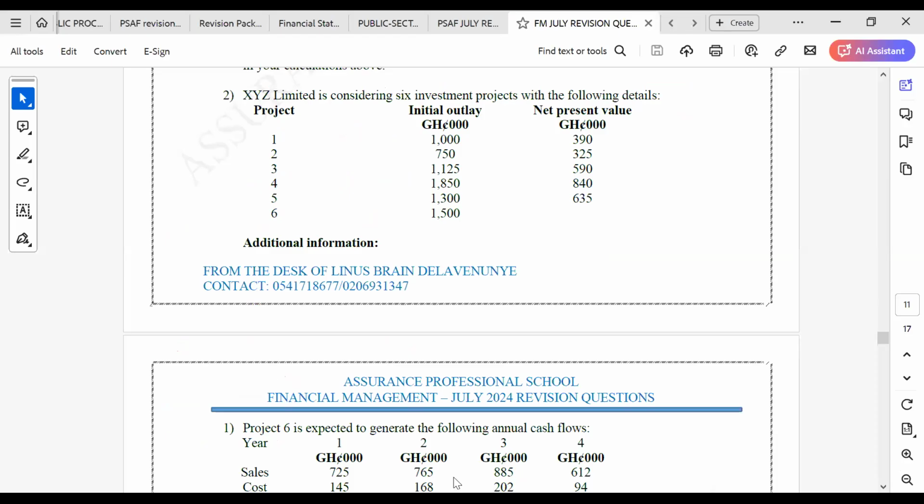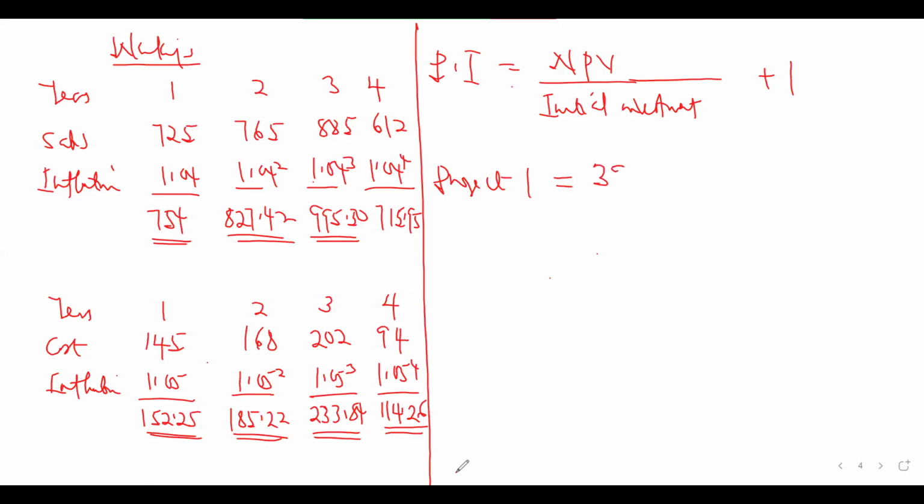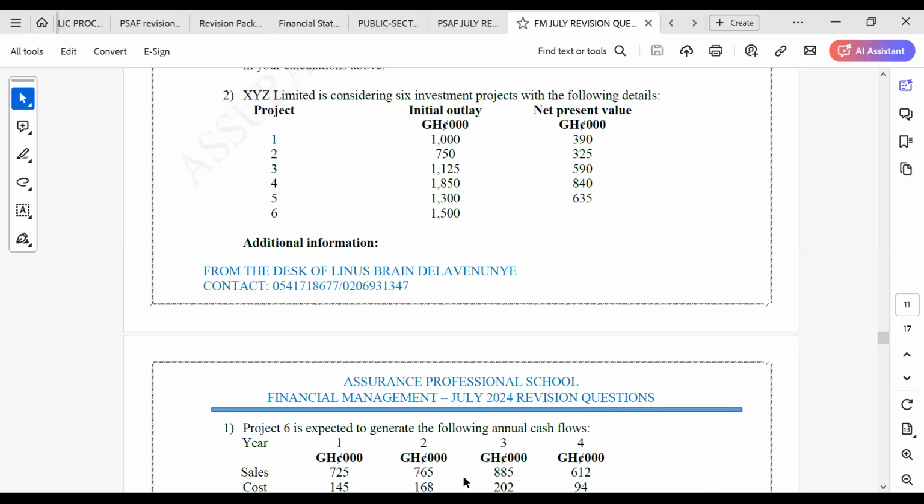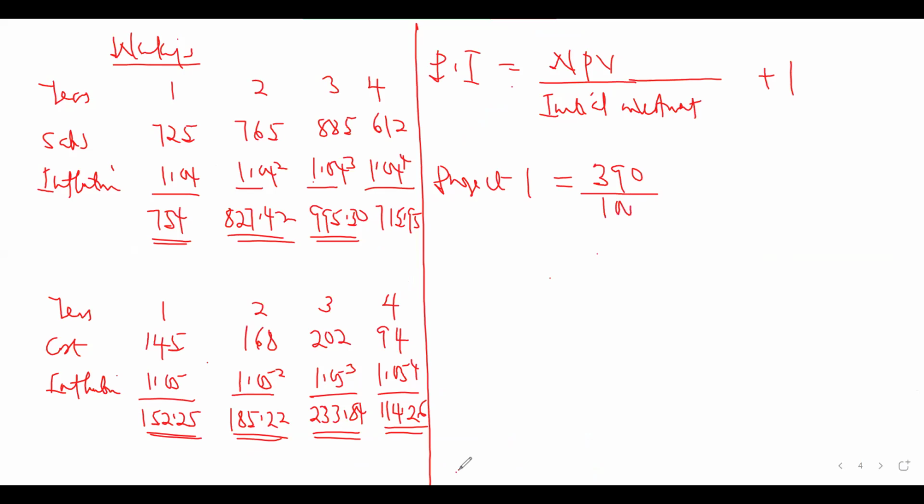$390 over what? The initial investment is the investment that we are making in each project. How much are we investing in project 1? 1,000. So 390 divided by 1,000, then you can add one to it, or ignore the one. If you ignore it, all of them will be without one and you will still get the same ranking.